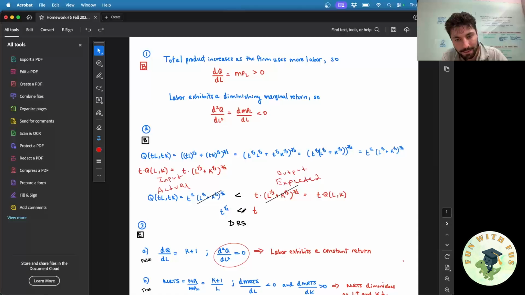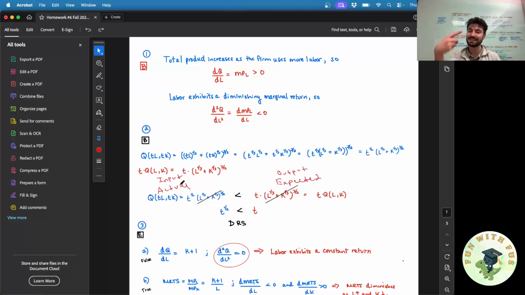So, when I'm getting less than that, when my actualized output is less than what I would expect to get out, then that means that we have decreasing returns to scale. I associate this word decreasing with, I kind of got shafted in a metaphorical sense in the econ world, where I'm putting in stuff and I'm not getting as much stuff out.